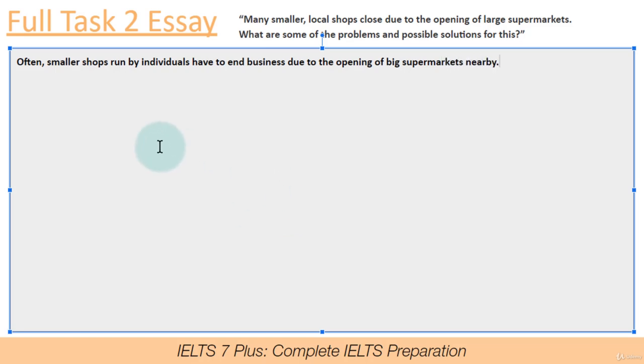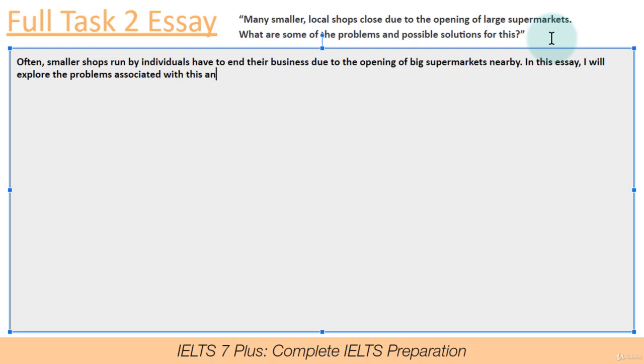I think that's perfectly fine. Often, smaller shops run by individuals have to end their business, just add that in, their business, due to the opening of big supermarkets nearby. In this essay, I will explore the problems associated with this and consider some possible solutions.